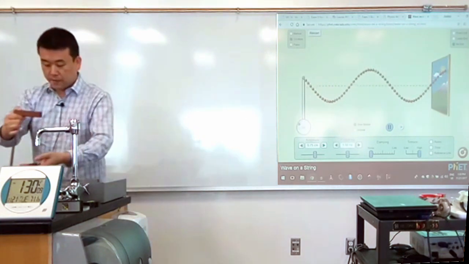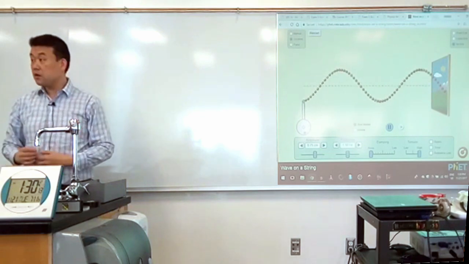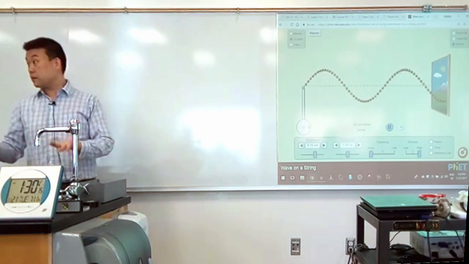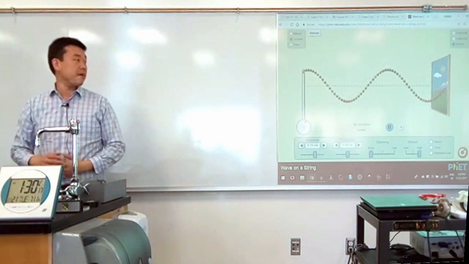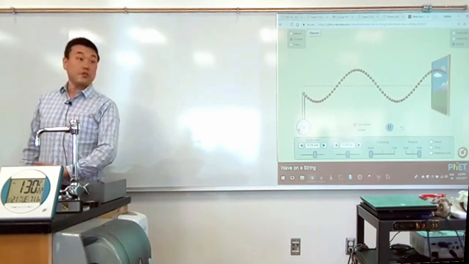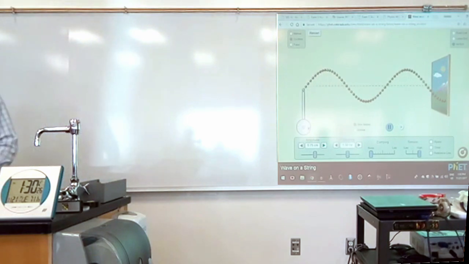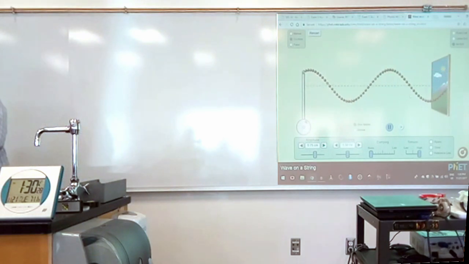So what I would like to do is write down a mathematical expression for this traveling periodic wave. I'm going to use that expression to show you a couple of interesting features of waves that are not trivial to get at, and it's interesting.